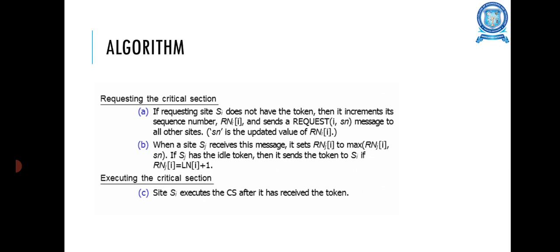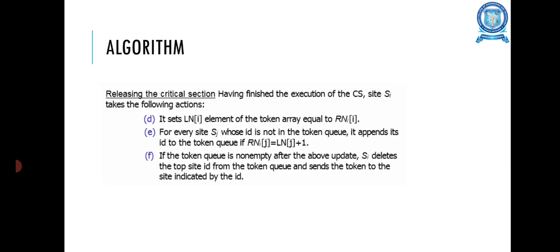Executing the critical section: the site SA executes the CS after it has received the token. Then the next step is releasing the critical section. Having finished the execution of the critical section, the site SA takes the following actions. First, it sets the ln[i] element of the token array equal to Rn[i].